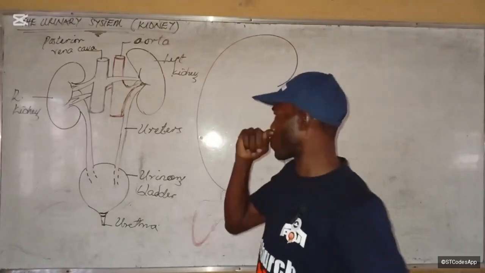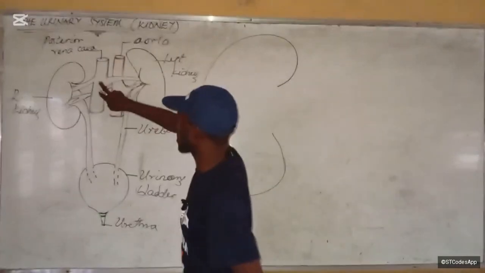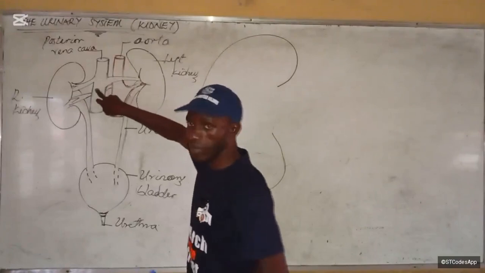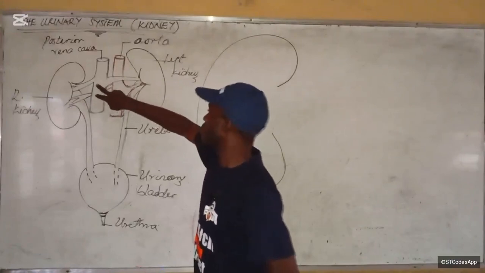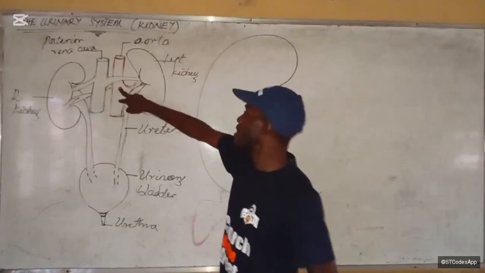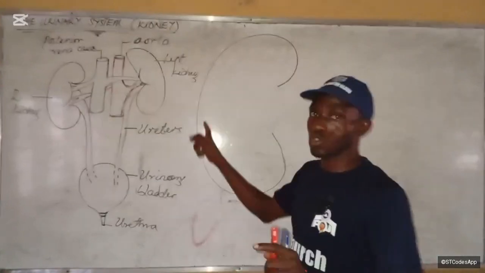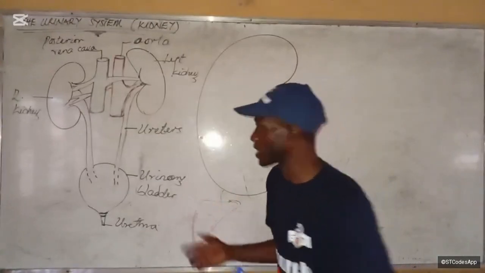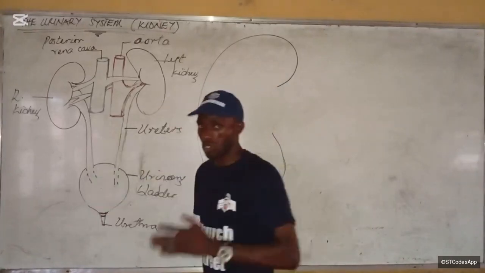Then the next thing you also notice is that these two blood vessels, the vein, the posterior vena cava, and the artery, are connected to both of the kidneys, which means that the kidney enjoys blood supply.